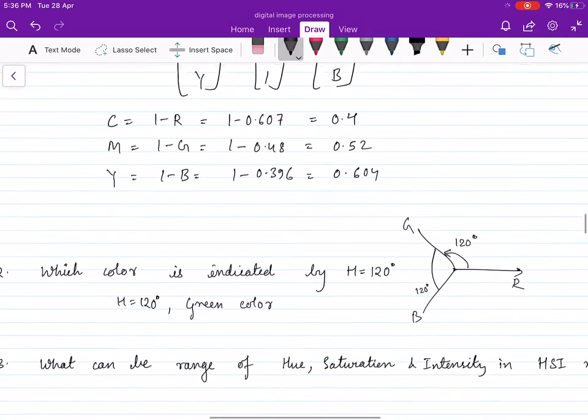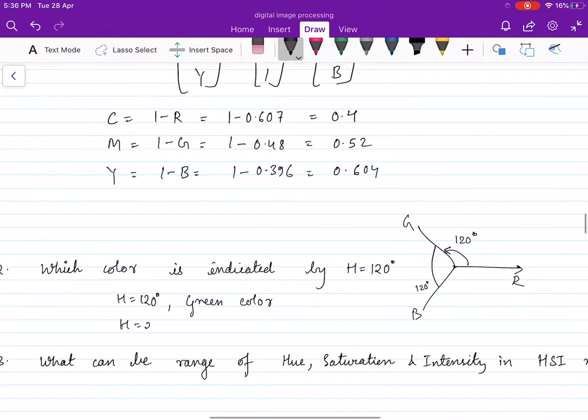Similarly, if it would have been H equal to 240, so 120 plus 120, this is 240, it would have been blue color. And for H equal to 60 degrees, we have yellow, so red to yellow. For H equal to 60 degrees we will be having yellow color.